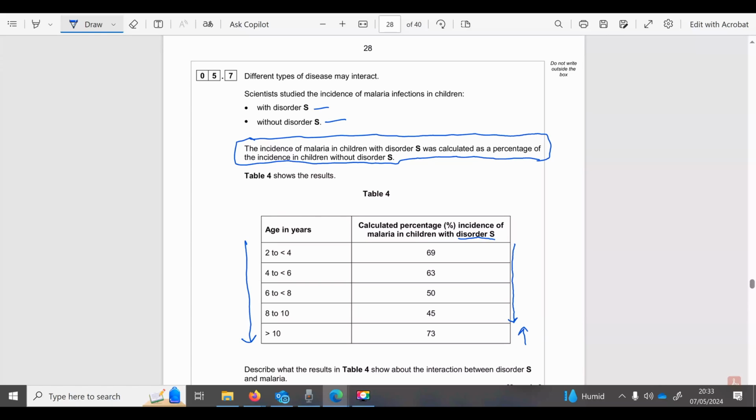So whatever is remaining should be people or children with malaria that do not have disorder S.